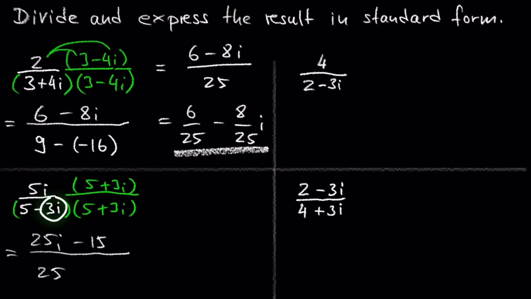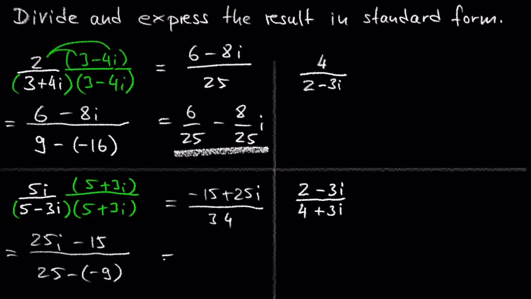And 3i squared is negative 9. So we get negative 15 plus 25i over 34, which is negative 15 over 34 plus 25 over 34 times i. And we are done with this problem.